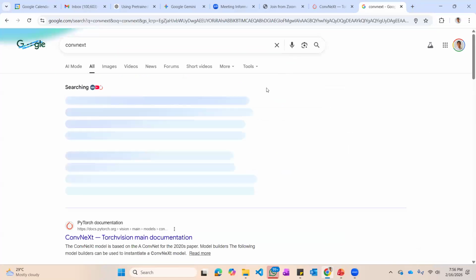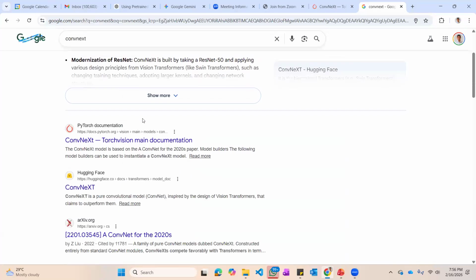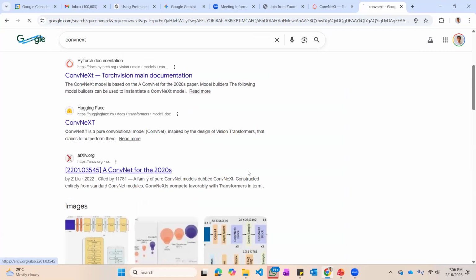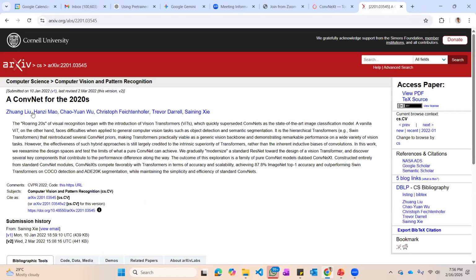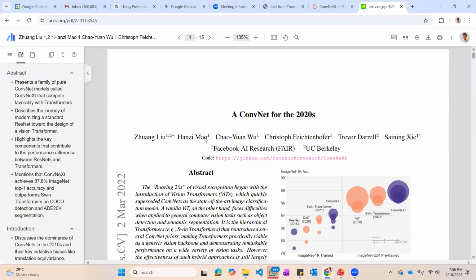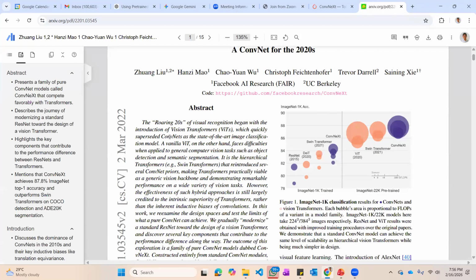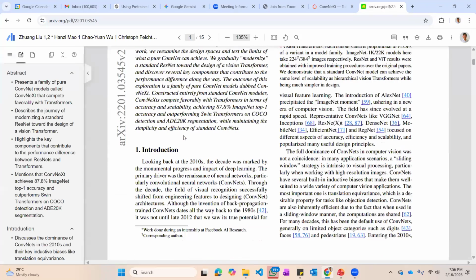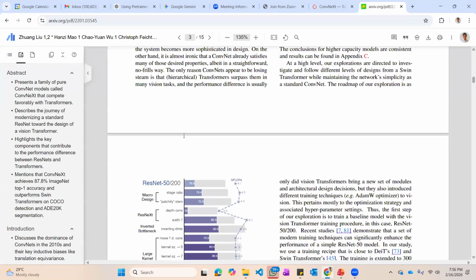This is that paper, A ConvNet for the 2020s. So if you look at the paper, you can see that the diagram that I had, they are showing they are comparing with the vision transformers.